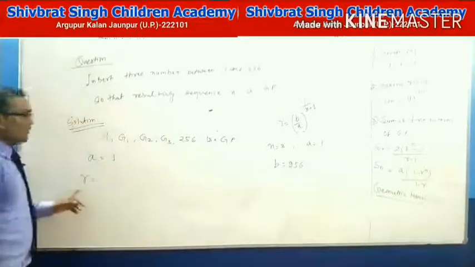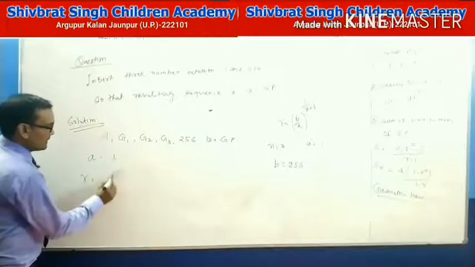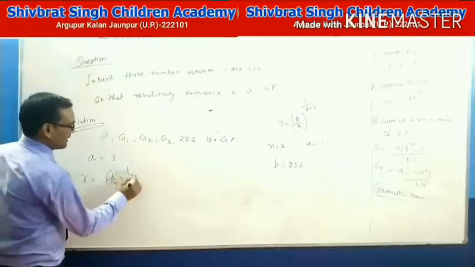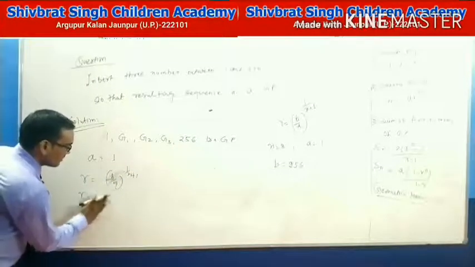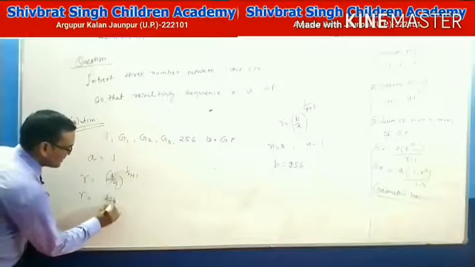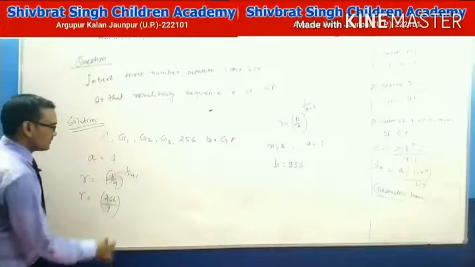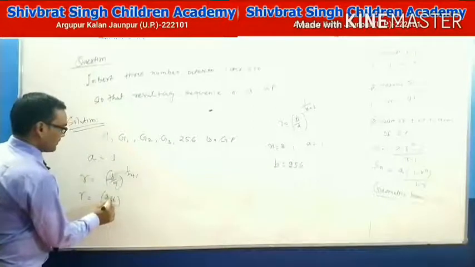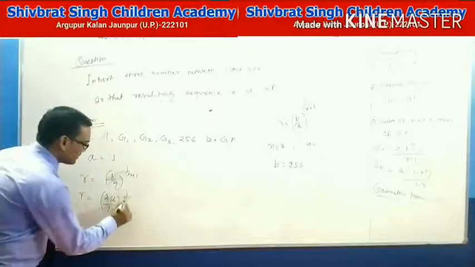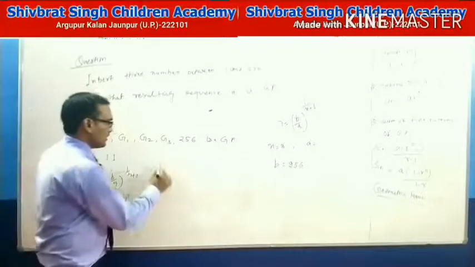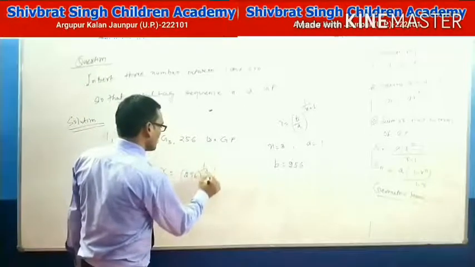Now find the value of R. R is equal to B upon A to the power 1 upon n plus 1, that is 256 upon 1 to the power 1 upon 3 plus 1. R is equal to 256 to the power 1 upon 4.